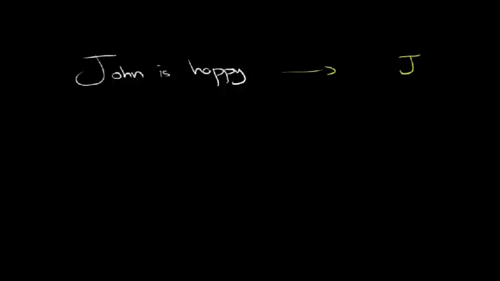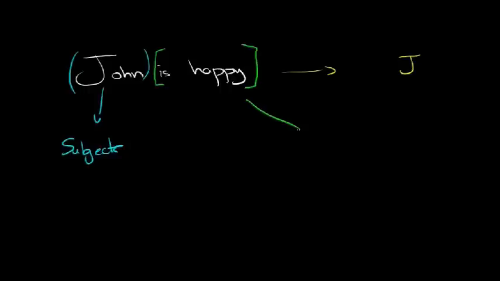When we come to do QL, or quantified predicate logic, instead of just translating entire sentences into a letter, we're going to split them up even further. So we can split this up into a subject, John, and a predicate. The predicate here is happy.